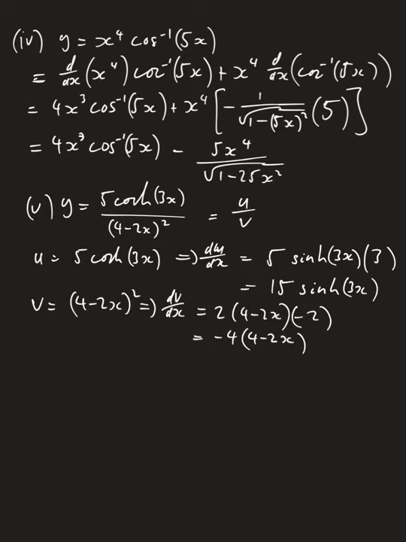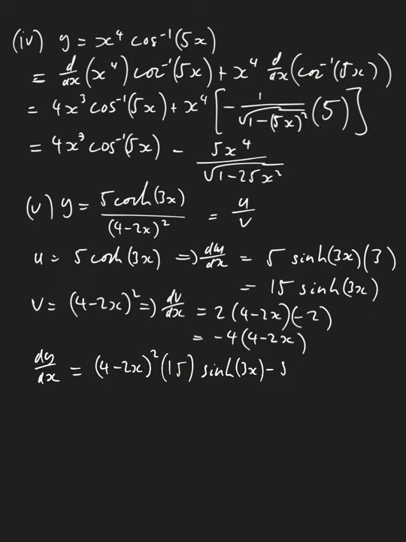Right, the quotient rule says that dy/dx is equal to v times du/dx minus u times dv/dx, all over v squared. So I have v, which is 4 minus 2x squared, times du/dx, which is 15 times sinh of 3x, minus u times dv/dx.